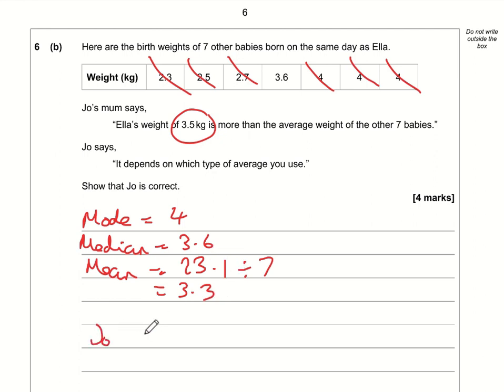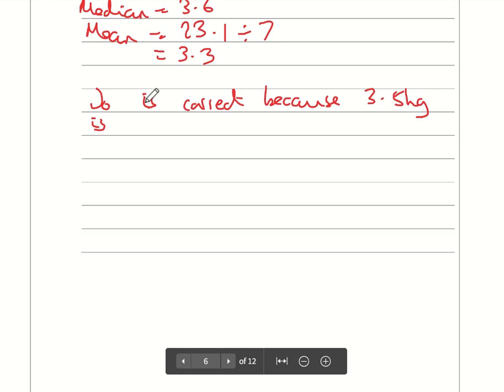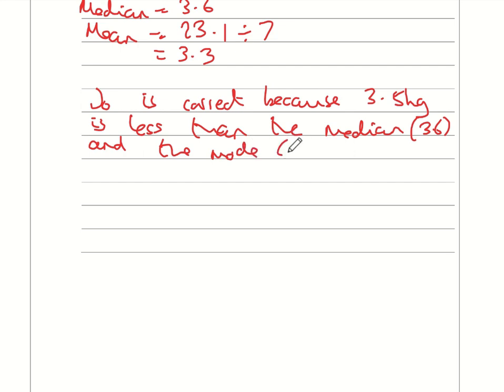So we can say Joe is correct, because 3.5 kg is less than the median, which is 3.6, and the mode, which is 4. There we go. Perfect.